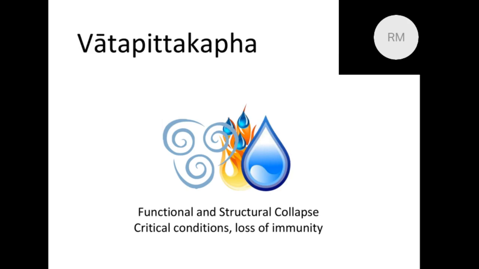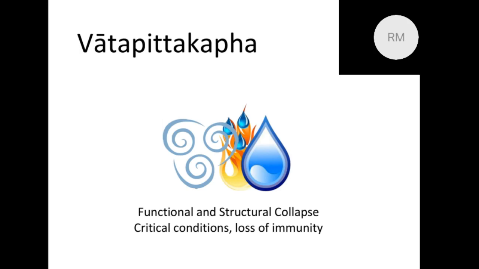Similarly, we may see a Vātapitta condition which may be mistaken for Vātapitta in Tridosha. That is why we need to distinguish between single, dual and triple combinations of the doshas.